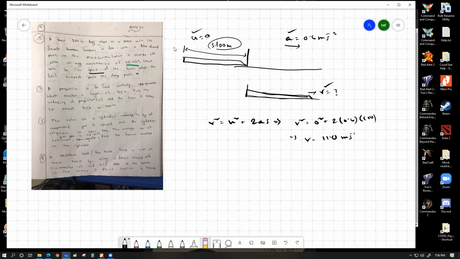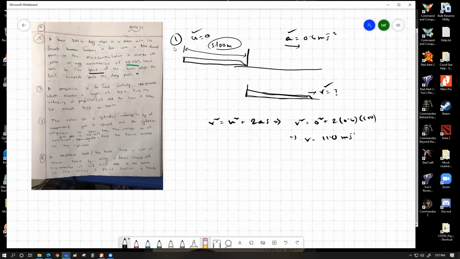That's pretty much it. The reason I gave you this question is to give you an idea that we are using the length of the train as the distance covered, and that's why the whole idea of the lamppost came in. The train started where its front bumpers are aligned with the lamppost, and we are calculating the final velocity when the train goes all the way to the next point.